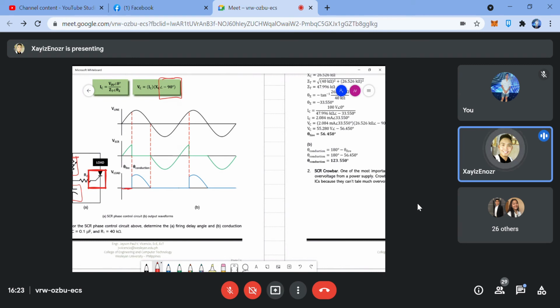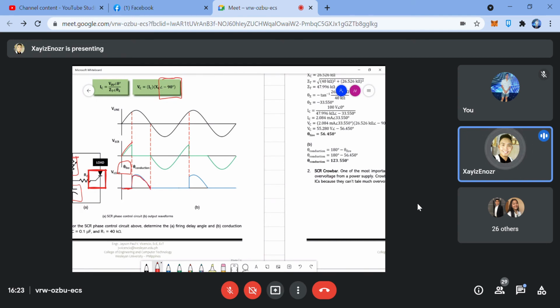Then, yun yung tinatawag na firing delay angle. Kasi hindi pa nagpa-fire. Okay, tingnan natin. So, once na dumaan dito, nag-fire. Once na nag-fire dito si SCR, yung firing point, magko-conduct ngayon sa load. Kaya kung papansin nyo, ito siya, may conduction. May masusukat ng voltages.